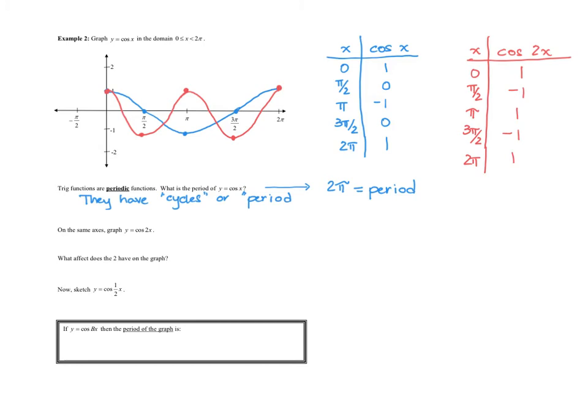Now I see the entire cosine curve between 0 and pi. So here I would say that the period is equal to pi. How can we say that 2 is having an effect on the graph? That 2 cuts the period in half.